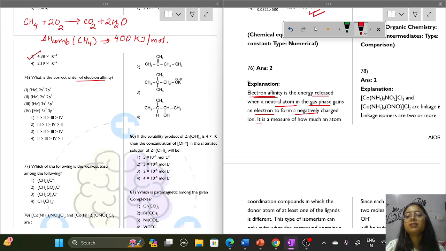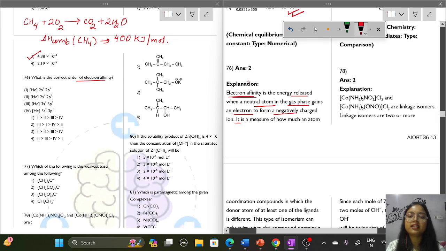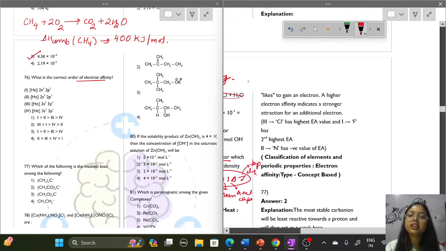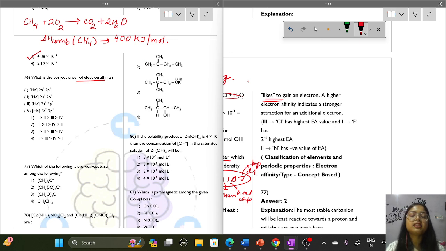Let us consider a neutral atom that gains an electron and becomes a negatively charged ion. It is the measure of how much an atom likes to gain an electron. Electron gain enthalpy is the measure of how much electron an atom will gain, and a higher electron affinity indicates a greater attraction for an additional electron.